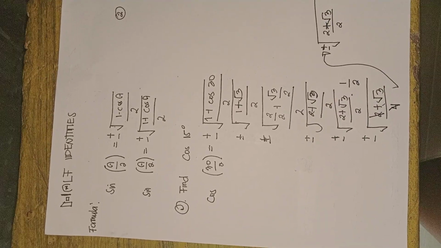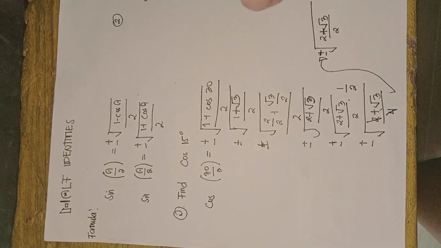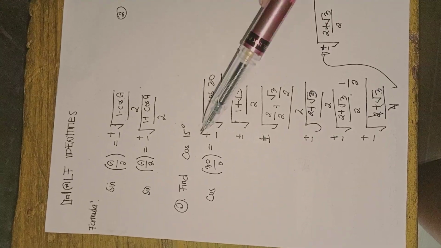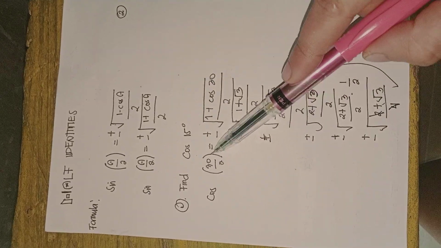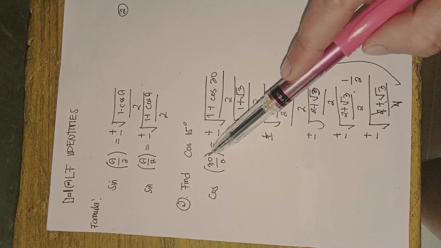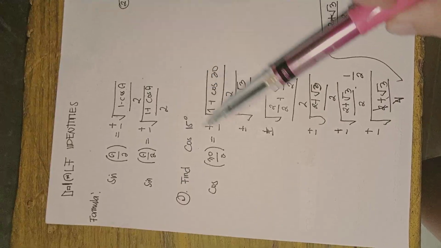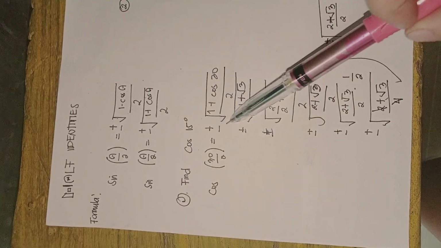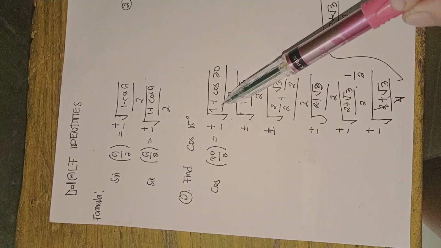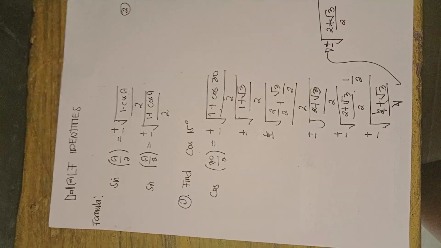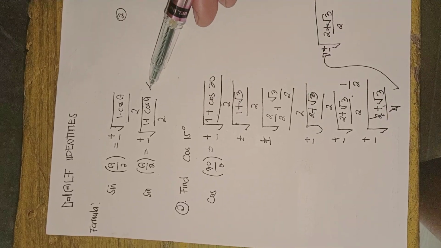So let's find a number that we subtract or add that the result is 15. So cosine 30 over 2, because if we divide the 30 by 2, the answer will be 15. So cosine of 30 over 2 is equal to positive negative. So we use the number 2 equation here.